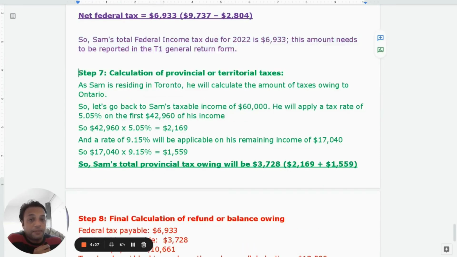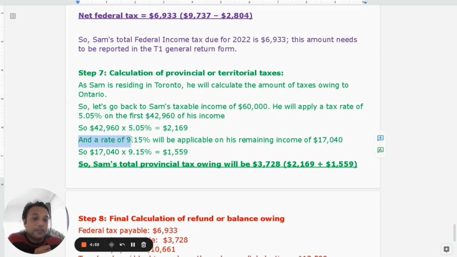Now, step number 7, that is calculation of provincial or territorial taxes. As Sam is residing in Toronto, he will calculate the amount of taxes owing to Ontario. So let's go back to Sam's taxable income of $60,000. He will apply a tax rate of 5.05% on the first $42,960 of his income. So that would become $2,169.